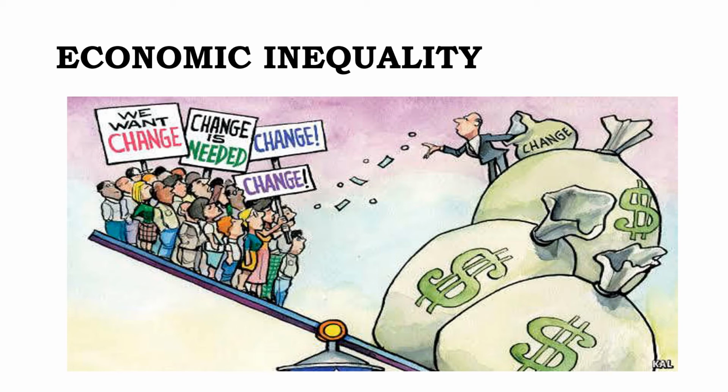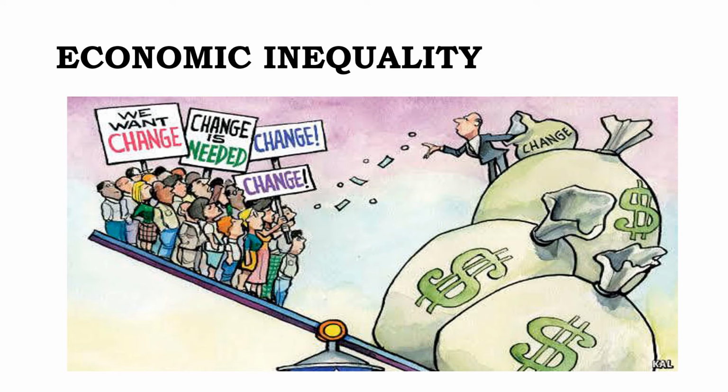Due to this, what happens? Rich become richer, poor become poorer. And poor people find it difficult to meet their basic needs of life, such as food, clothing, house, education, health. These are all called economic inequality.